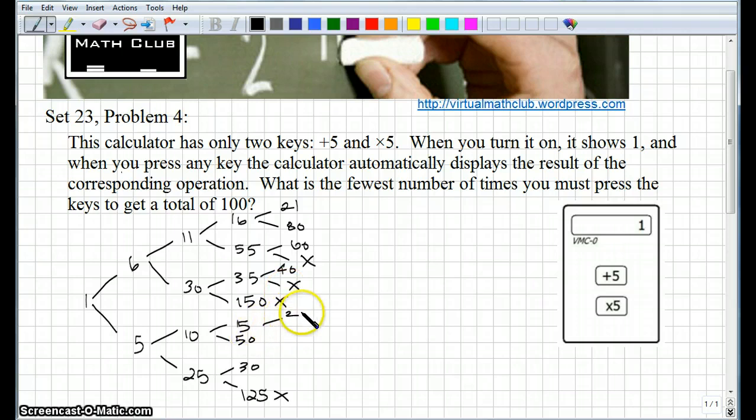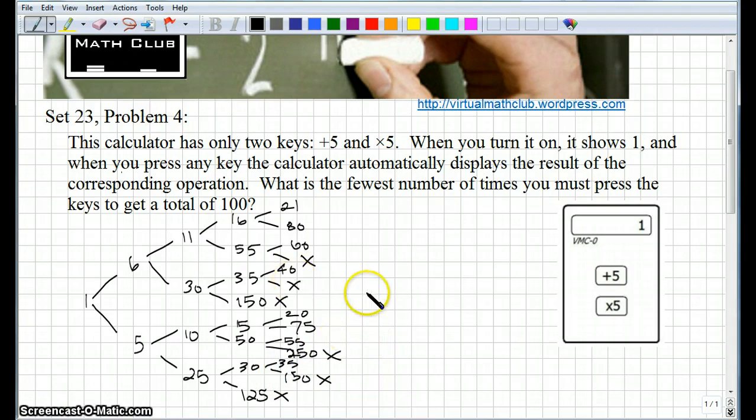Here we get 20, or multiply by 5, that's 25 plus 75, right? And 55, or 250, obviously that's out. So you can see pretty quickly, this just takes a little more time, but this is 35, or this is 150, and that's out.